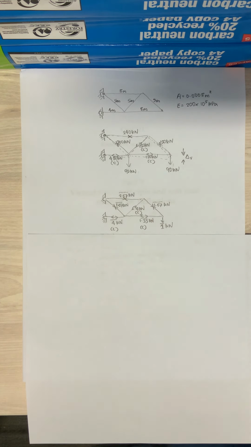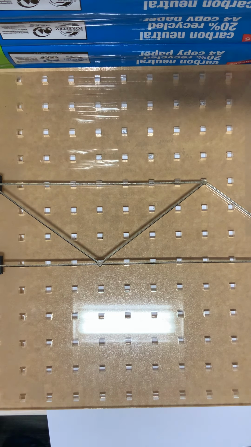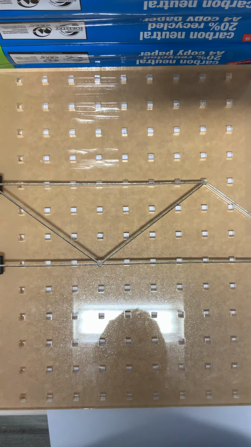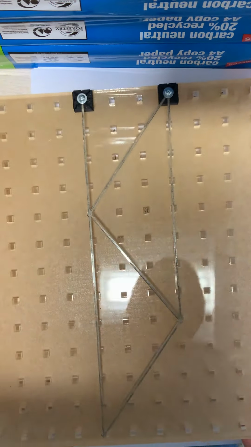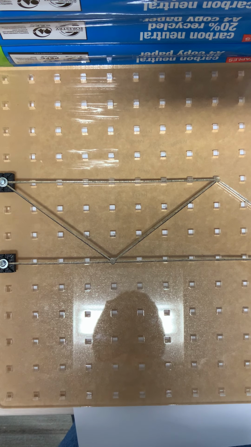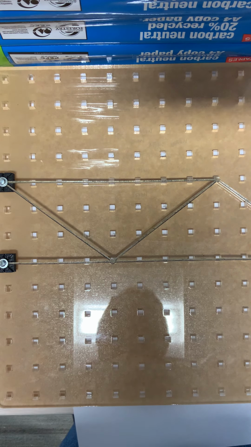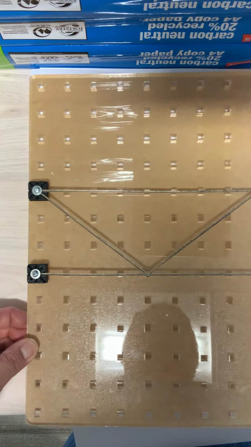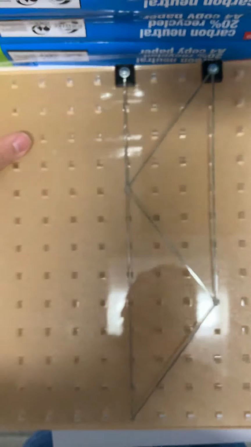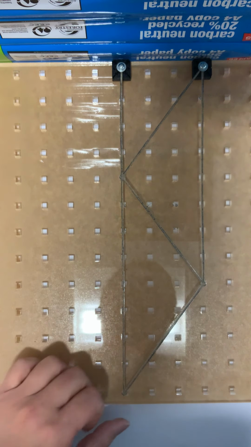I've got a small model anyway, so I'm not sure if this can be seen under the camera. Let me try turning this around. No. Okay, I'm going to have to zoom out. So I've got a small model, which doesn't quite fit under the camera, unfortunately.